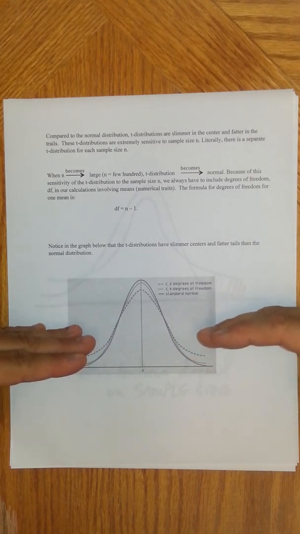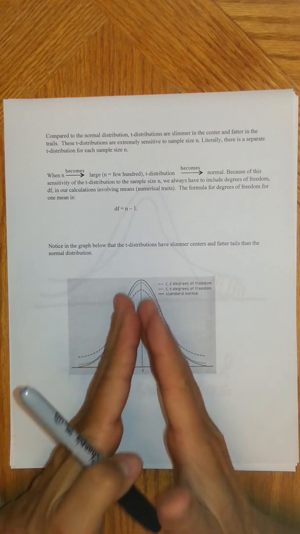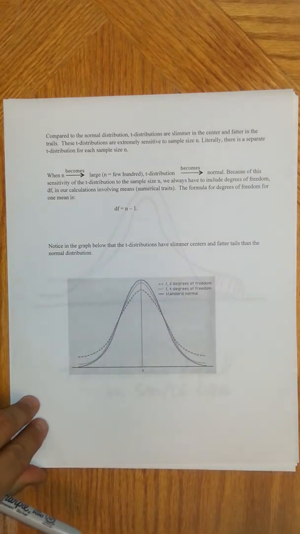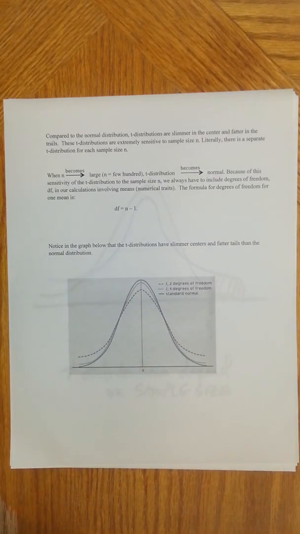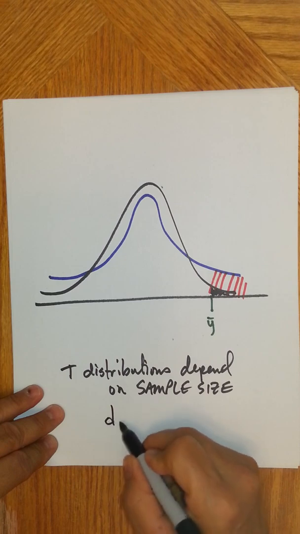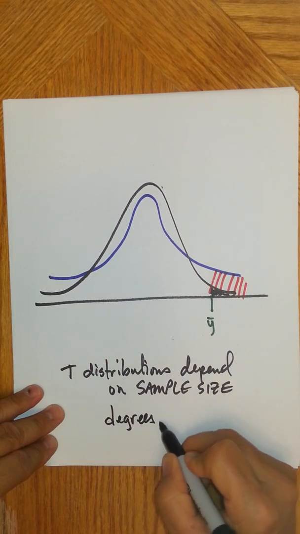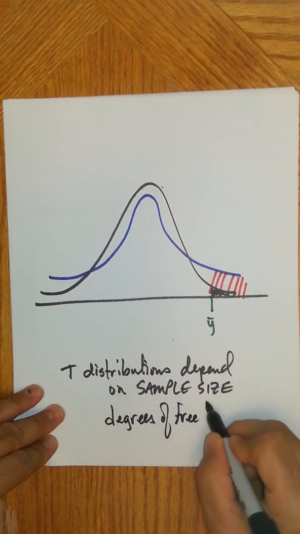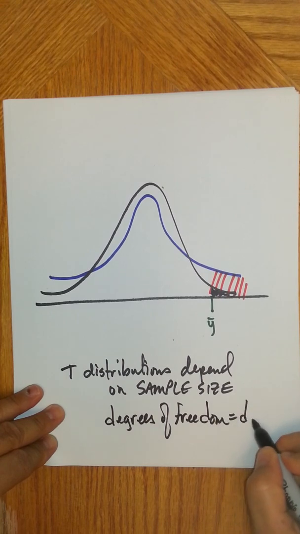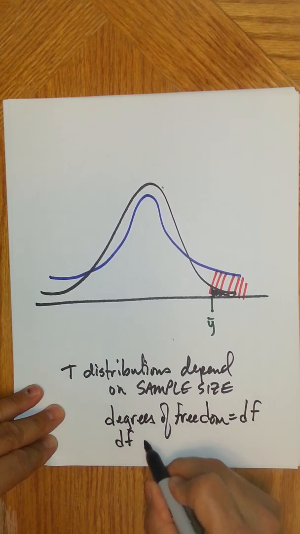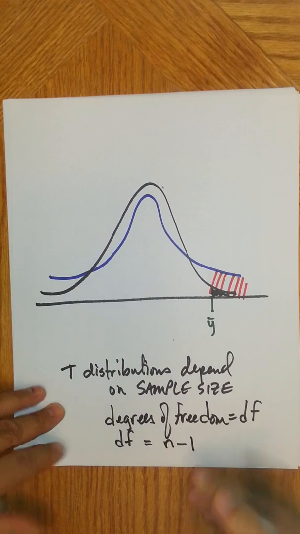And as the sample size increases, the tails start to come down and the y-bars tend to cluster more around the center. But there's literally a t-distribution for each sample size. So what happens then is you have a formula called degrees of freedom, which is abbreviated DF, and DF is sample size minus 1.